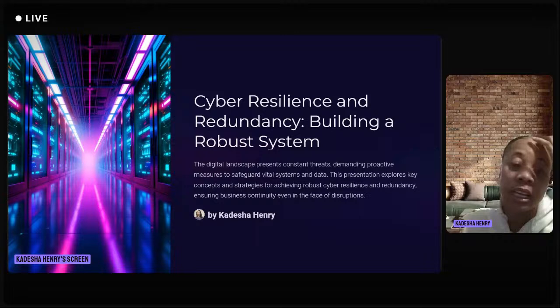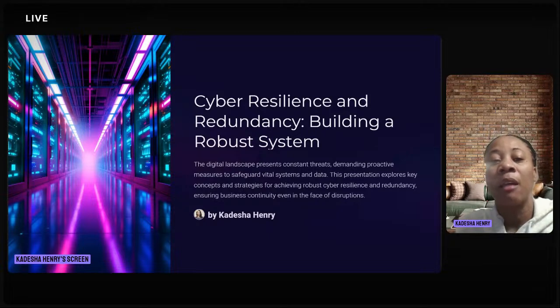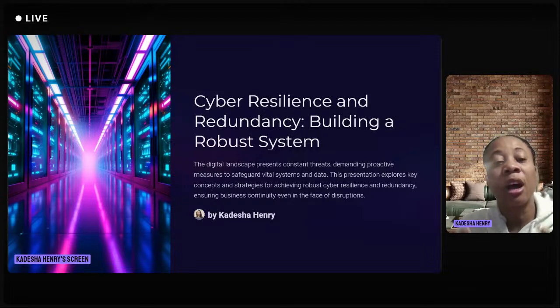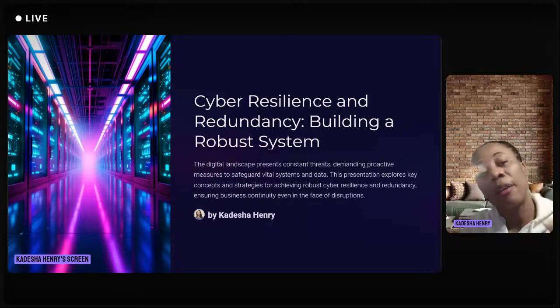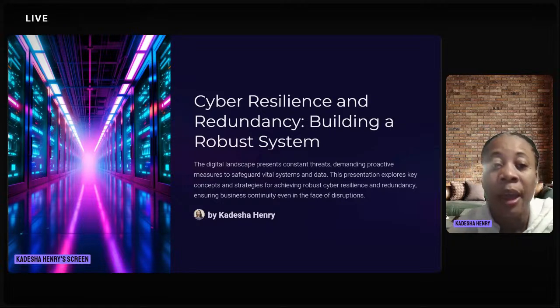We constantly have malicious individuals that want to threaten it, and because of that, it demands proactive measures to safeguard the vital systems and their data. So we constantly have to be looking for innovative ways to safeguard the digital landscape because of the threats that we are constantly facing, and you must understand that.